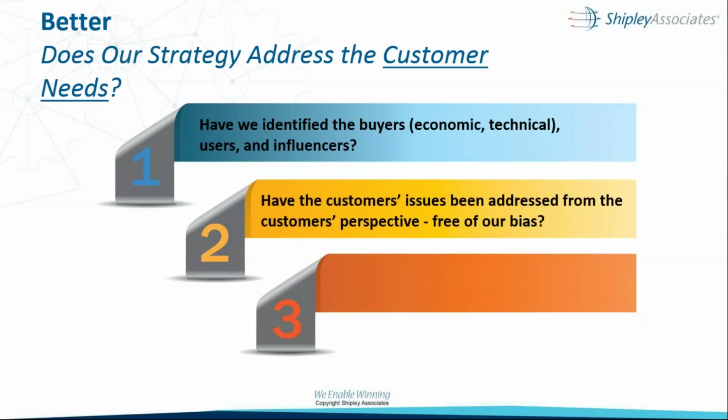Number two, are we addressing the customer issues from their perspective, free of bias? Brad talked about bias earlier. In other words, are we sure that we are describing this in such a way that the benefits we're describing are from the customer's perspective and not from ours?